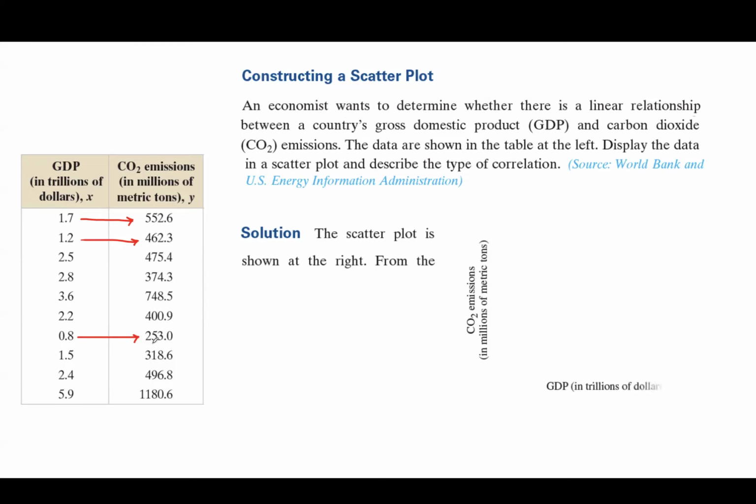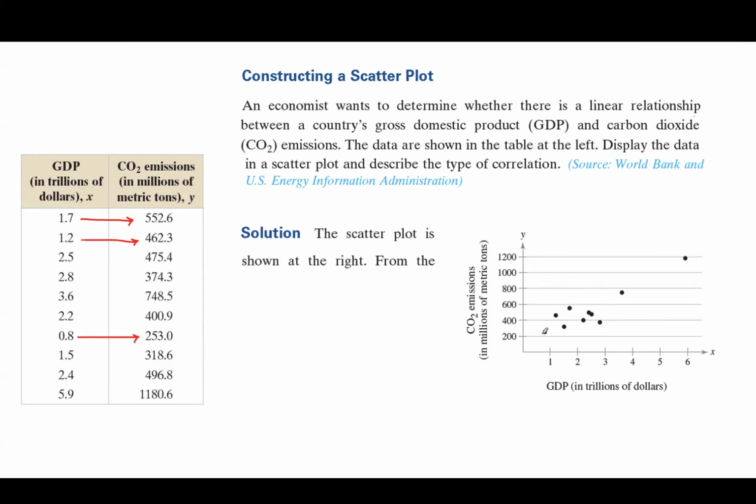So our very first dot is going to be 0.8, 253. This is basically coming from algebra, plotting these dots in the XY plane. From the smallest value, it just jumps up, goes down, goes up, down, up, and up.